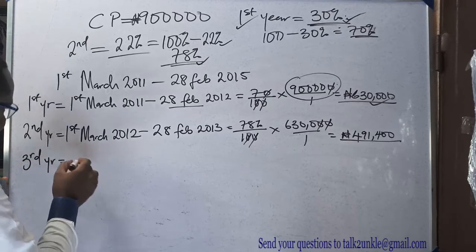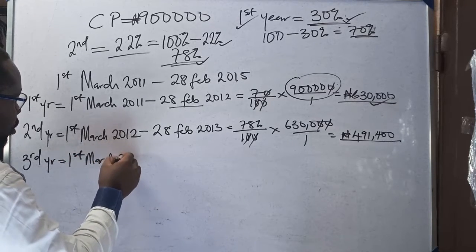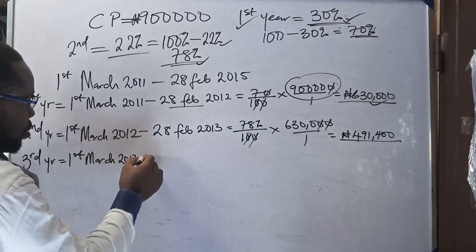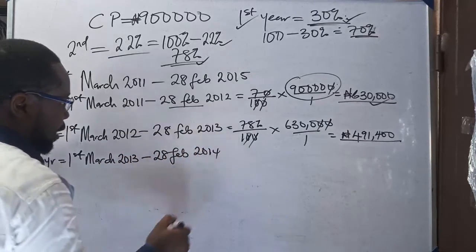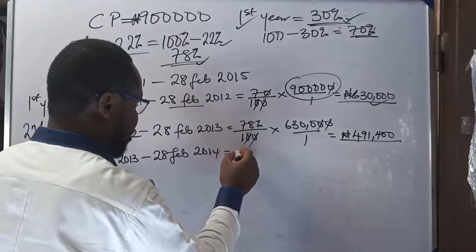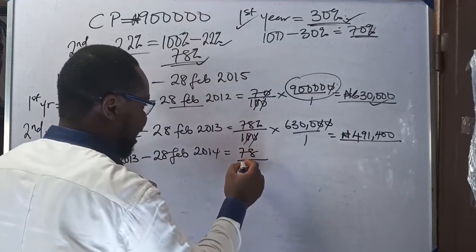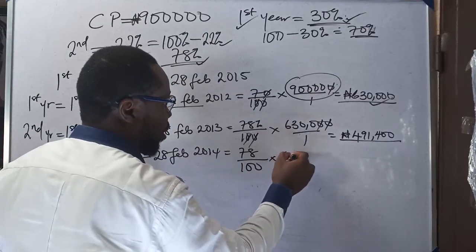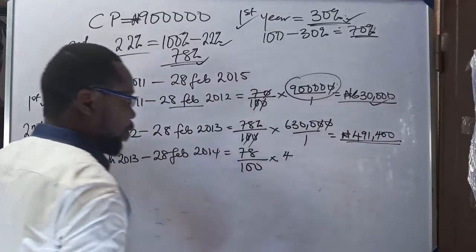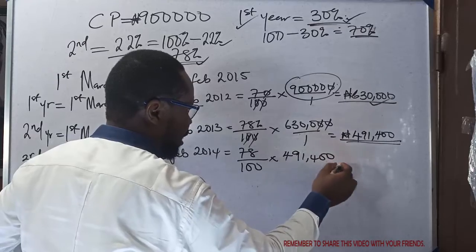That's the value at the end of the second year, which automatically becomes the value at the beginning of the third year. So we have 1st March 2013 now to 28th February 2014, which is the third year now. We are depreciating again with 22%, which automatically gives us 78% residual value times what I'm working with now, the new value at the end of the year, which automatically becomes our new value at the beginning of the year.